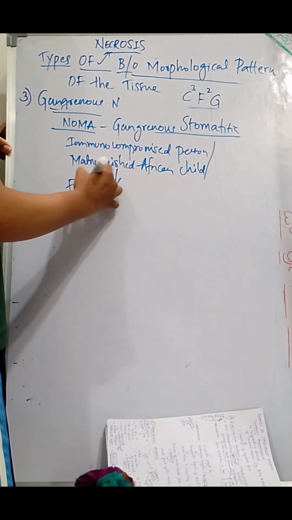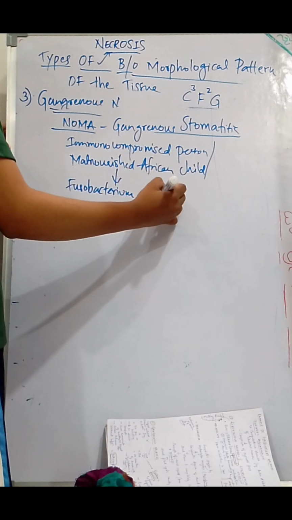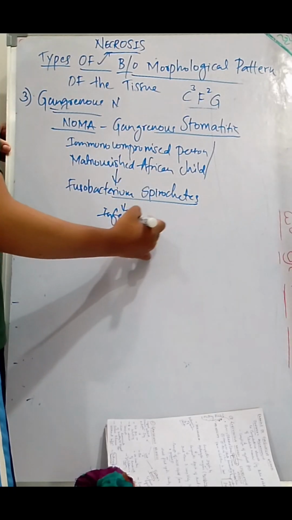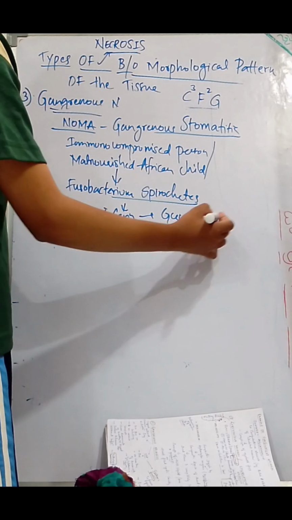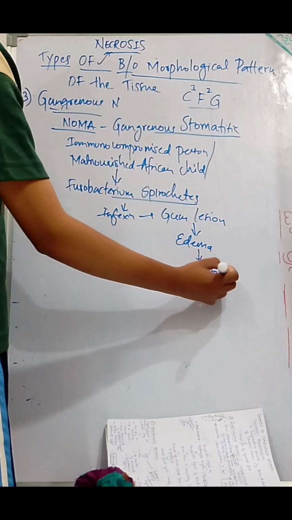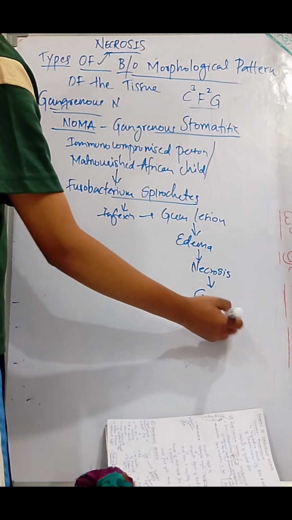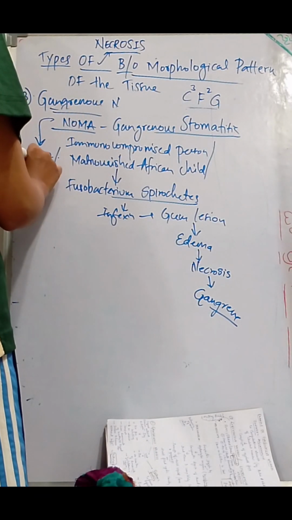They have Fusobacterium and spirochetes in their oral cavity normally, but these here cause an infection. This causes a gum lesion. Gum lesion causes edema. Edema causes necrosis. Necrosis causes gangrene. And the mortality rate is about 70 to 90%.